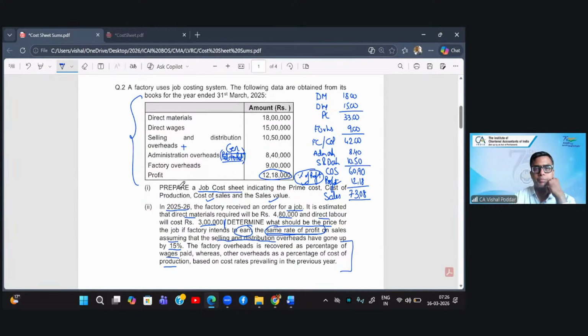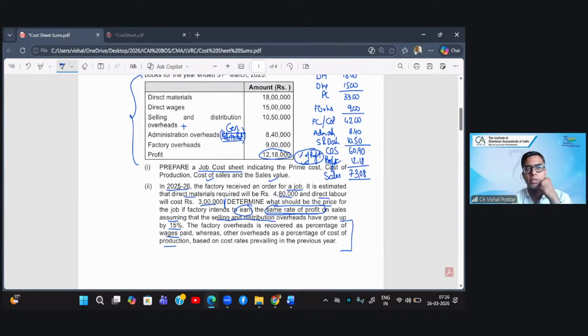Now I have to find out different percentages. First is I have to find out the percentage of factory overheads, which is to be taken as a percentage of direct wages. Students, kindly post the percentages. So factory overheads is to be recovered as a percentage of direct wages, correct? So calculation of OHR.